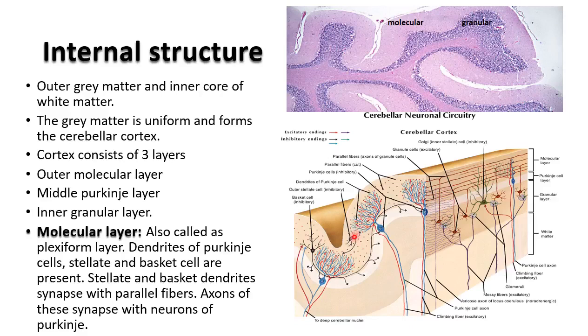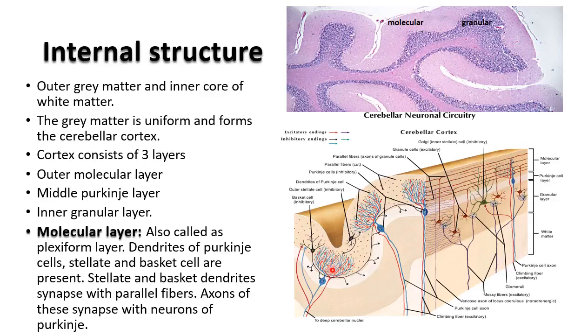Okay, now if you look at it, the axons of your basket cells and your stellate cells synapse with the Purkinje cells. They are inhibitory in nature.